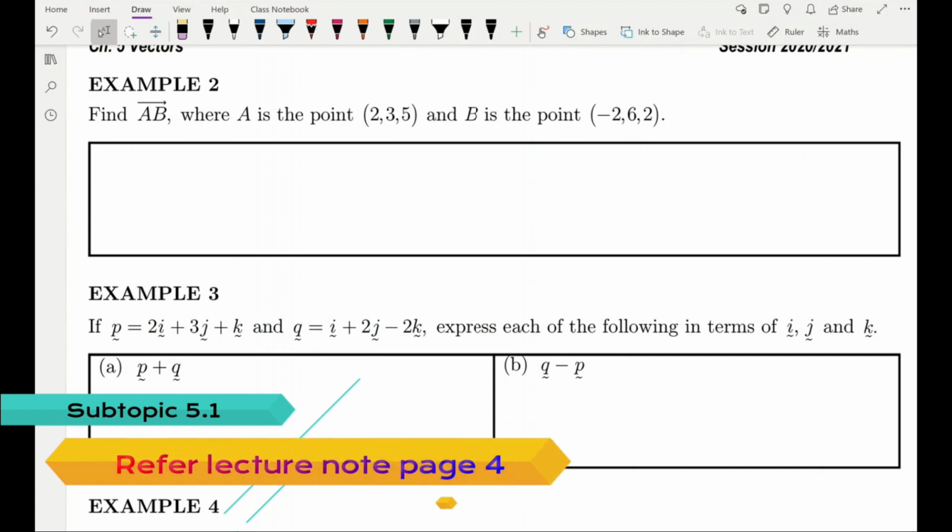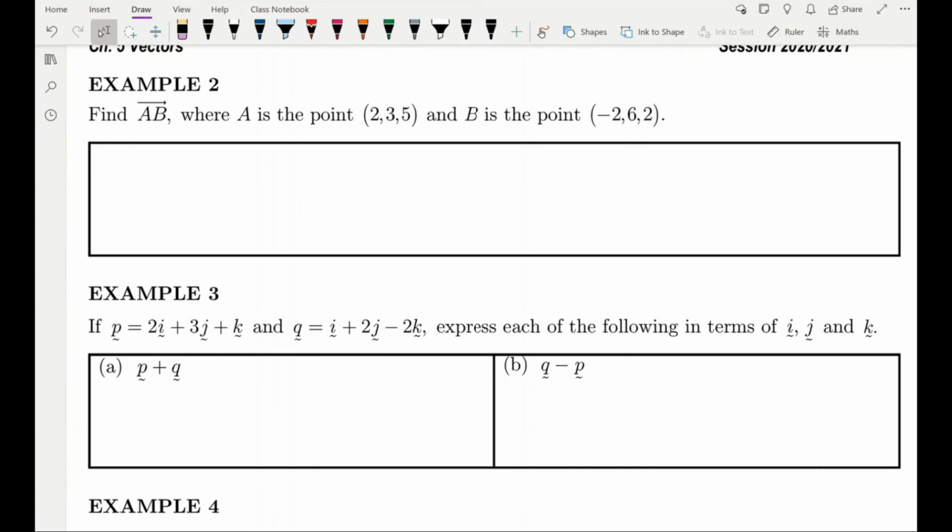Example 2. Find vector AB where A is the point 2, 3, 5 and B is the point negative 2, 6, 2. Remember before this we know that vector AB means vector B minus vector A. So vector B is negative 2, 6, 2, just minus A, 2, 3, 5.